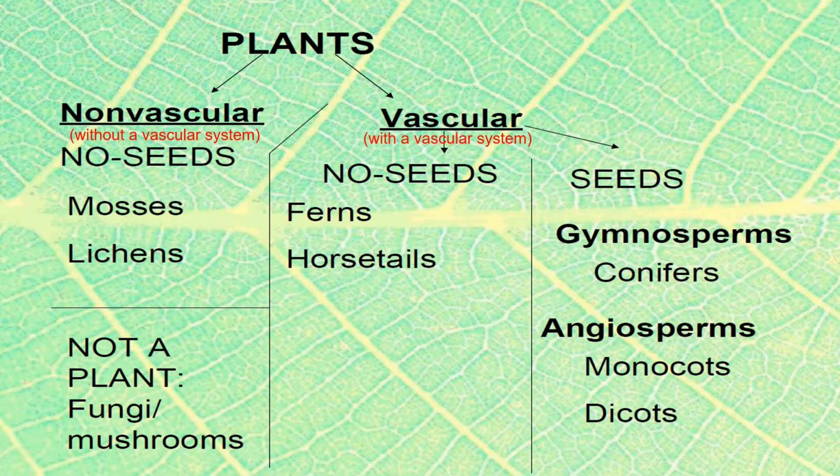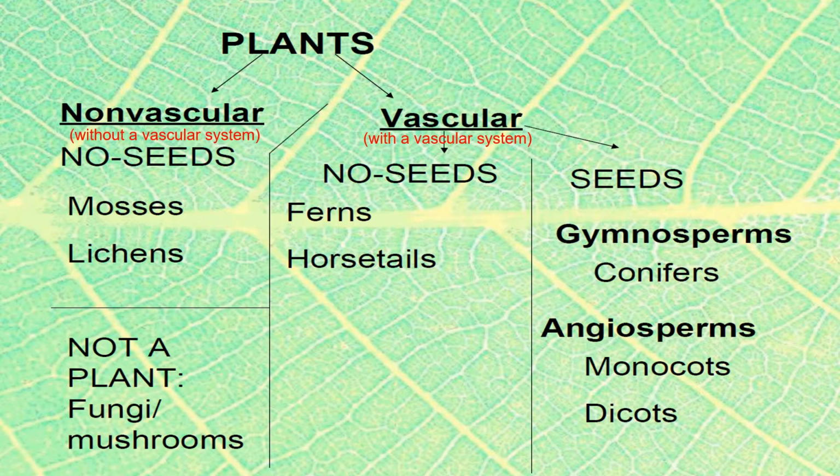Now, if you don't know what I'm talking about, here's the slide from our previous lecture once again for you. Plants are either non-vascular or vascular. Vascular plants are of two types, that is seed-producing or non-seed-producing plants. Seed-producing plants are the plants that are more important in terms of agriculture, forestry, and economics.